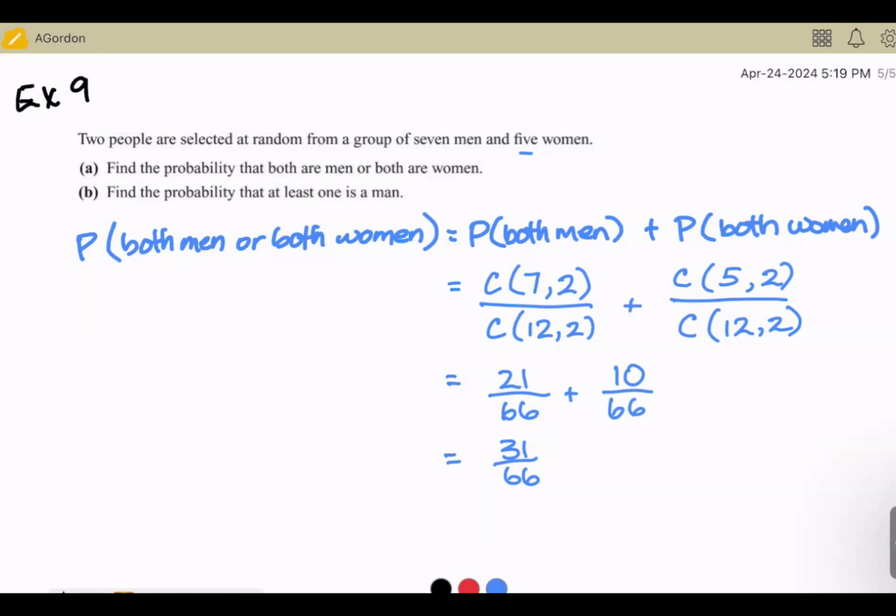All right, so let's see if we can get part B. We're looking for the probability that at least one is a man. So this is the complement. At least one man is the complement of them both being women. And we have already found the probability of both being women.